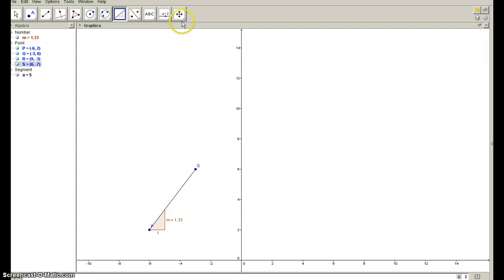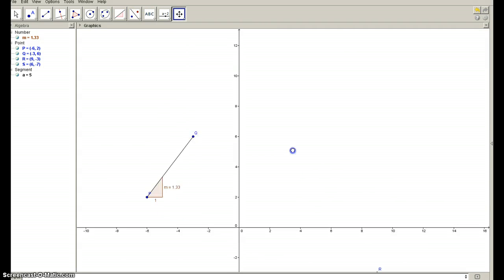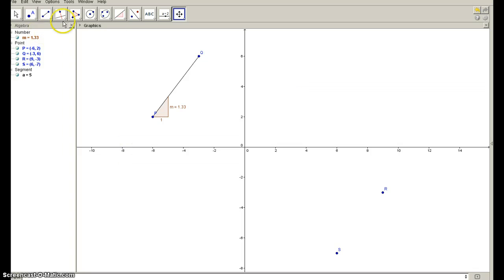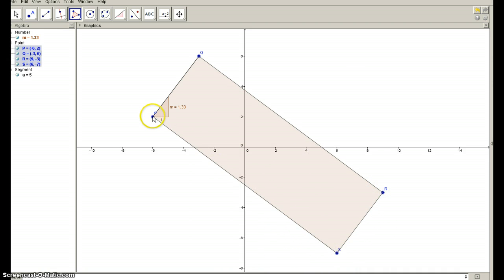Now I've got to find where R and S ended up, so I'm going to move my screen. There they are. I'll make my polygon. It's not a regular polygon, so I'll just use the polygon tool here: P to Q to R to S and back.